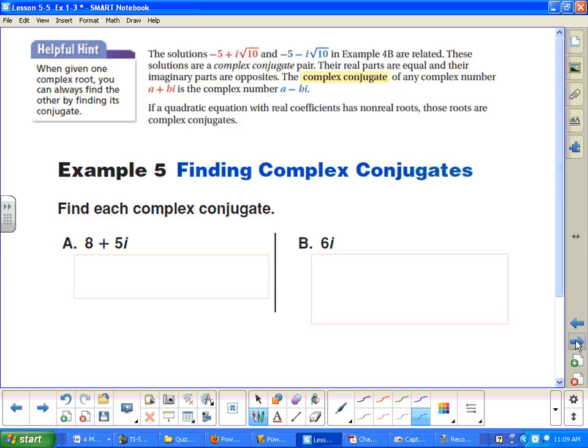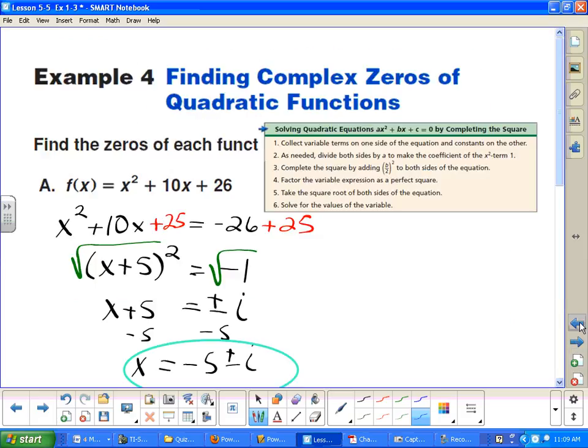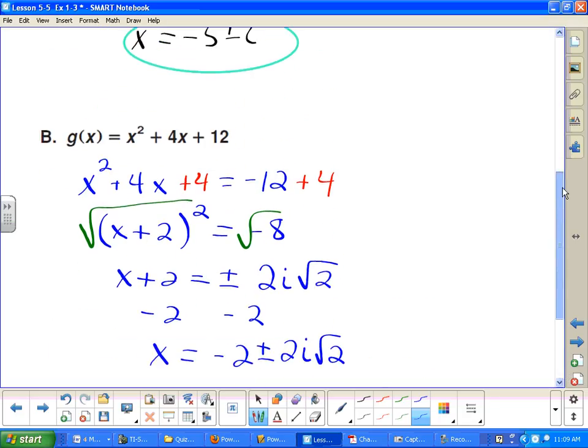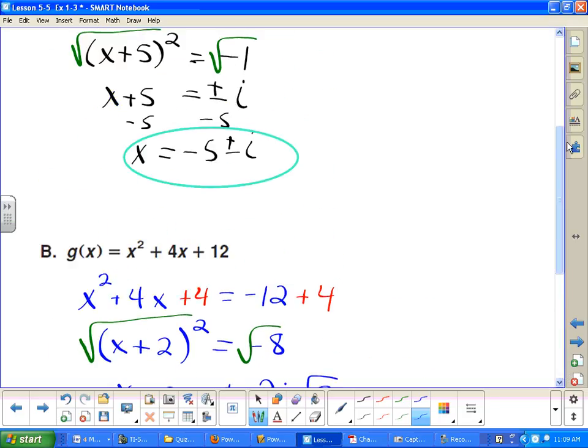When we're completing the square, we always get a plus or minus, right? Plus or minus square root of 5, plus or minus 3i, negative 2 plus or minus 3i, negative 2 plus or minus 2i square root of 2, negative 5 plus or minus i. We always get a positive and a negative there.